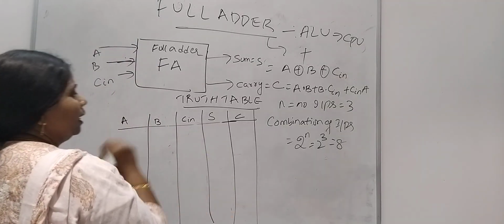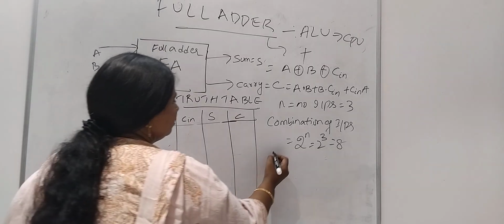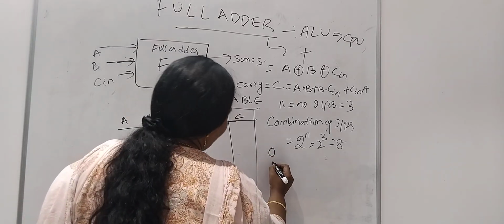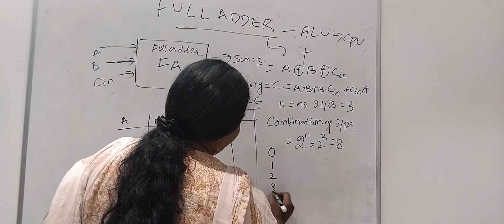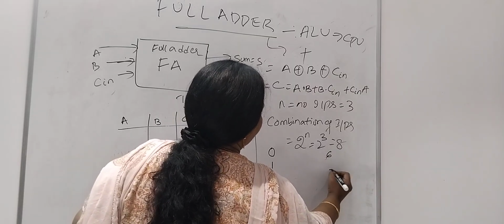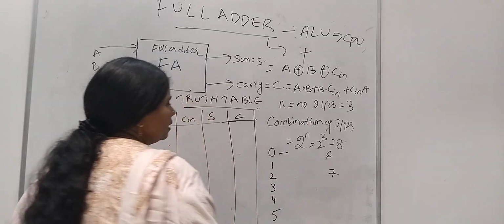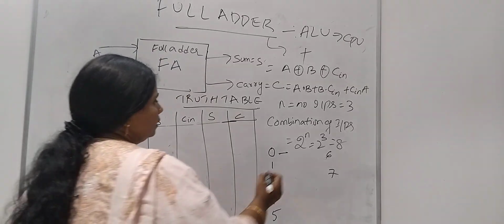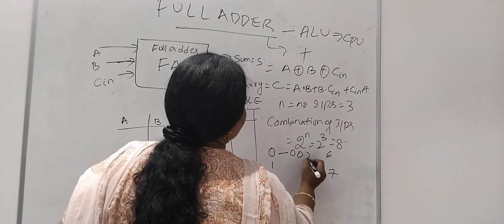So 8 combinations means you are going to write the numbers from 0, 1, 2, 3, 4, 5, 6, 7. Isn't it? In 3 bits, how can you write 0? 0, 0, 0.